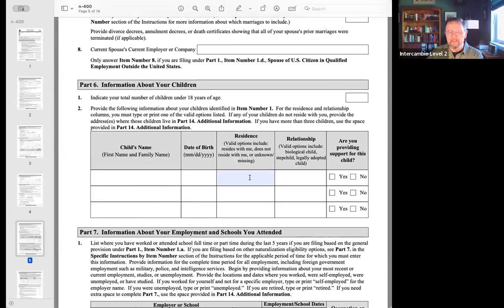It tells you what the valid answers could be here. Their birth date, again, month, day, and year. And are you providing support for this child? Yes or no? This means, is your household, you and your husband, providing support? Yes. And if you have more than 3 children under 18 years of age, put the additional children in Part 14 and reference the page number, the part, and item 2.